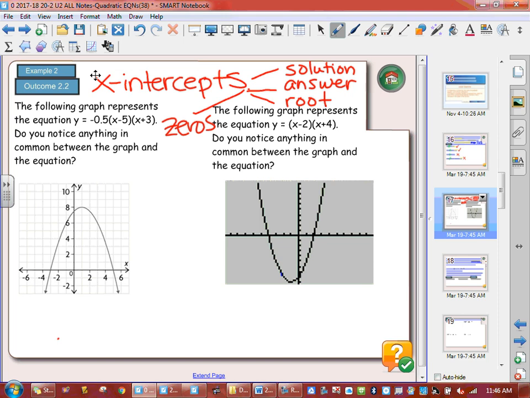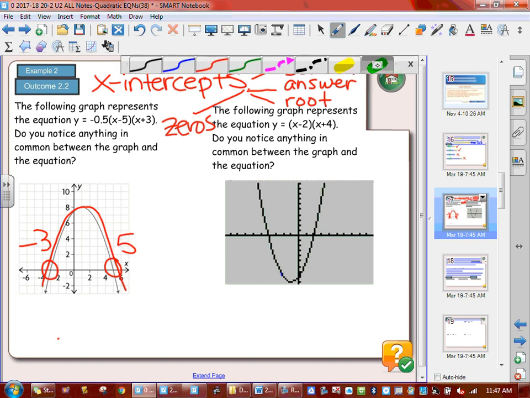So if we take a look at this equation right here, we're seeing this parabola shape, and it's crossing through specific numbers. What do you notice that it crosses through on the left-hand side? -3. What about on the right-hand side? +5. Well, what do you notice about the brackets, though? Look very specifically inside the brackets.